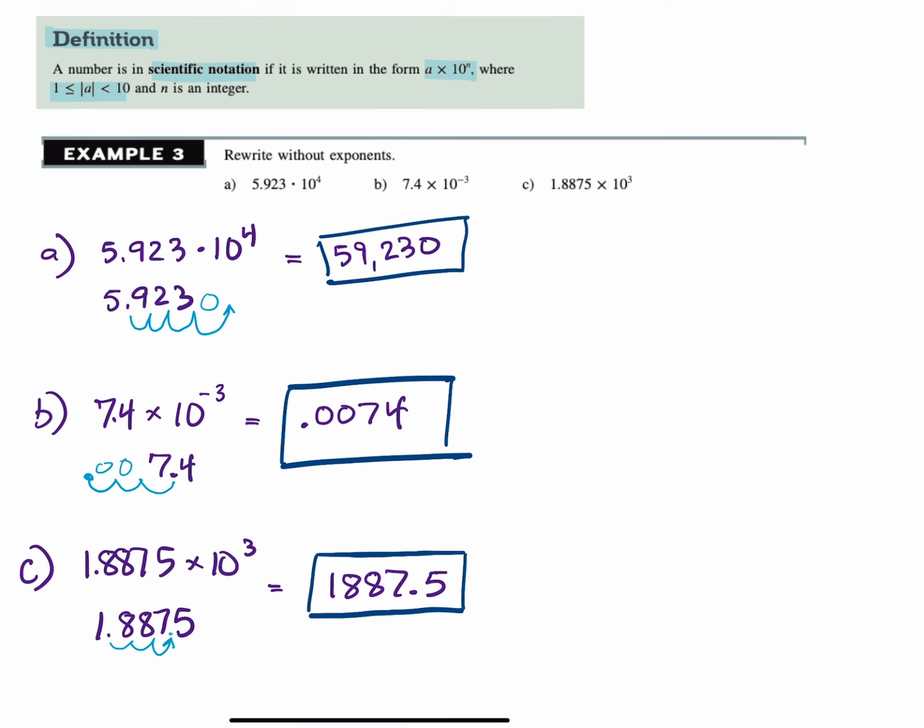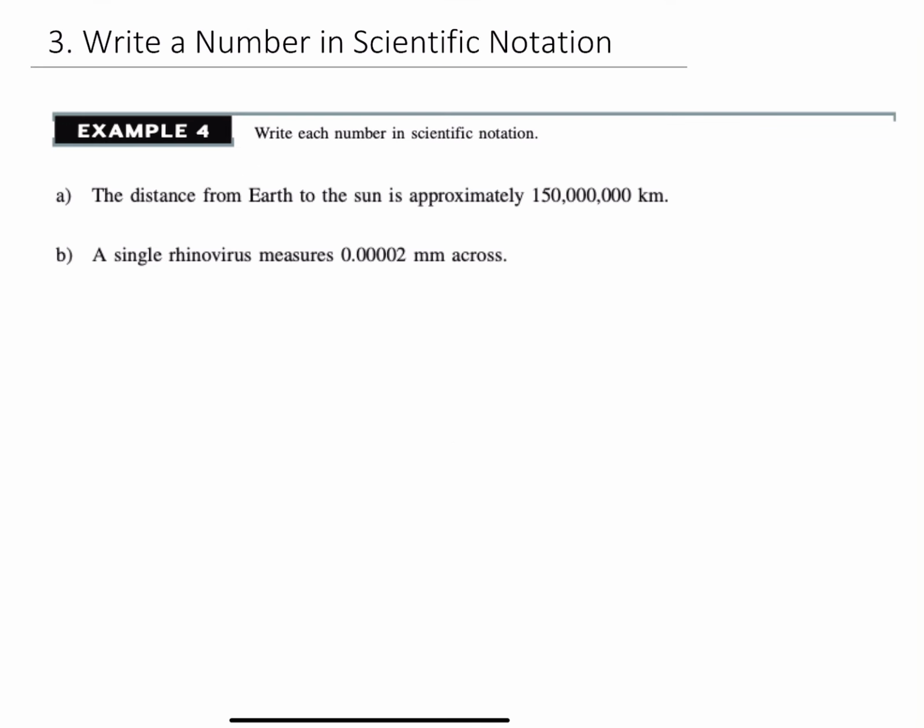So this is taking a number that's already in scientific notation and basically expanding it out. But oftentimes we're going the other way. We have some large number, or some really small number, that we want to put into scientific notation. So let's look at this first example.